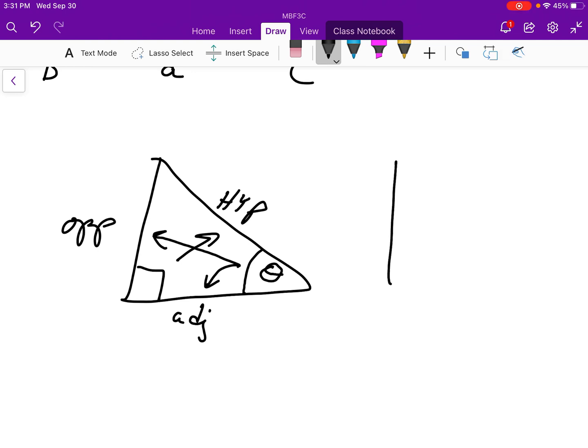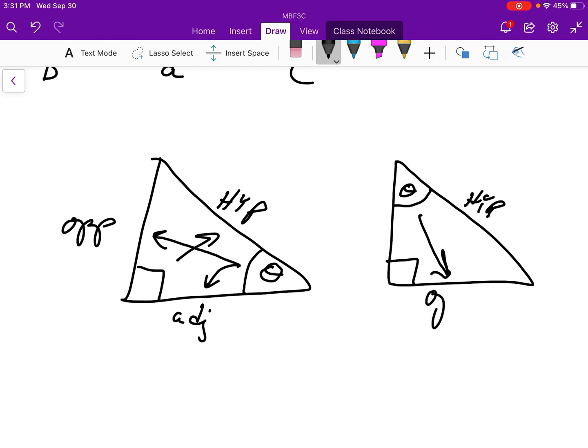If I were to relabel this triangle, we know automatically the side opposite the right angle is the hypotenuse, and it's going to stay like that. But if we now look at this angle and call it theta, then the opposite side to that is called the opposite, and the other side that it's attached to is called the adjacent side length.